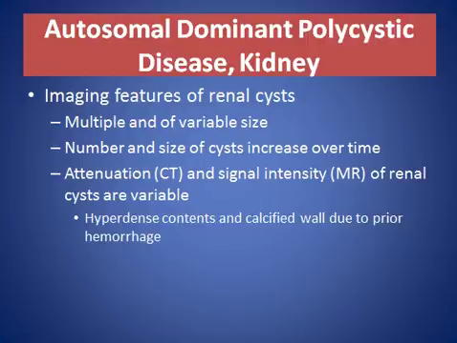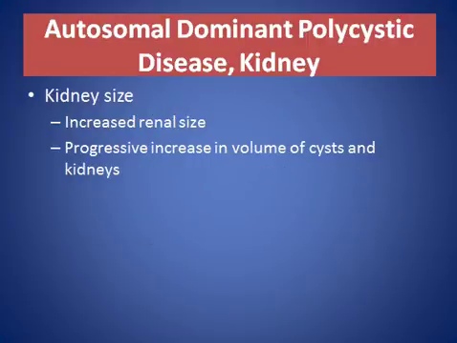Hyperdense cyst content and calcified wall due to prior hemorrhage may be seen on CT scan. Kidney size is increased, with a progressive increase in the volume of the cysts and kidney.